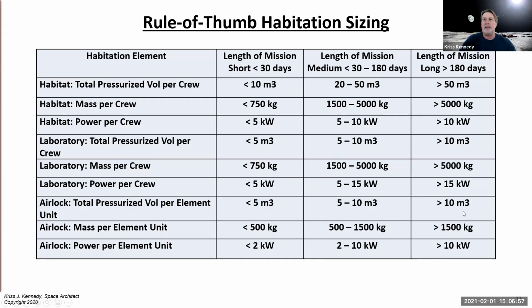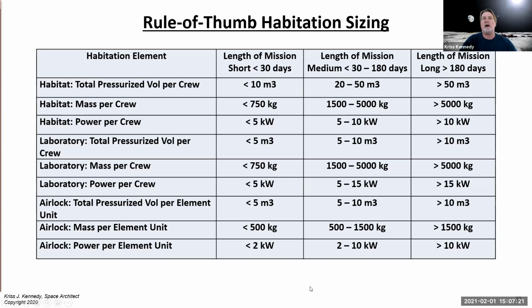These numbers, rules of thumb, come from numerous trade studies we've done over the years, and then we took all that data and looked at it and took our averages to understand the results of all of our design work over the years. So this puts you in the ballpark.